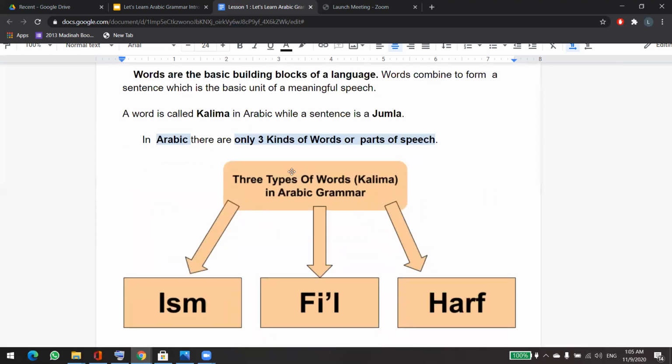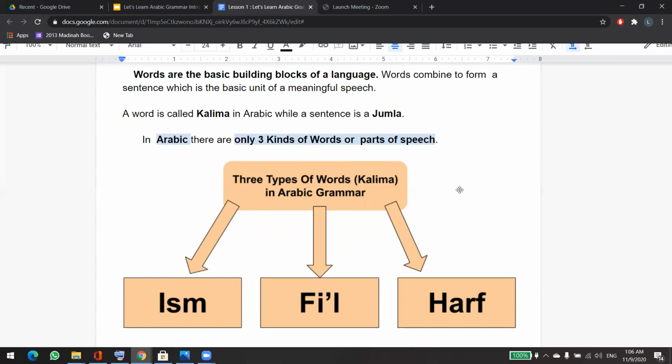Just like in English, we have different types of words. In grammar, we divide all kinds of words into about 8 kinds. But Arabic is a separate language, obviously, so Arabic has its own grammar rules. According to Arabic grammar, there are 3 kinds of words or parts of speech.